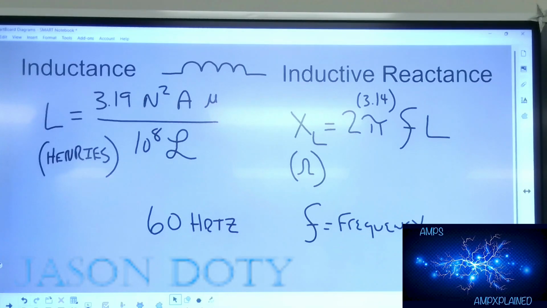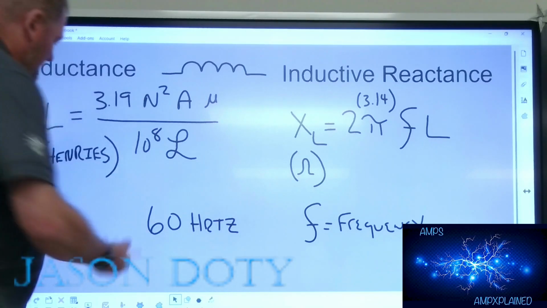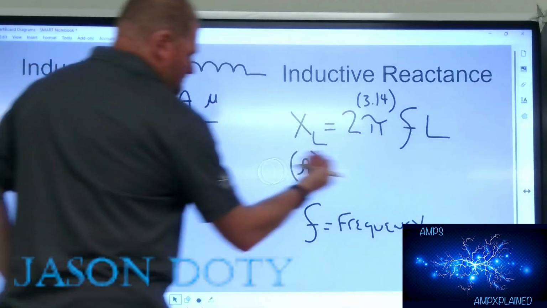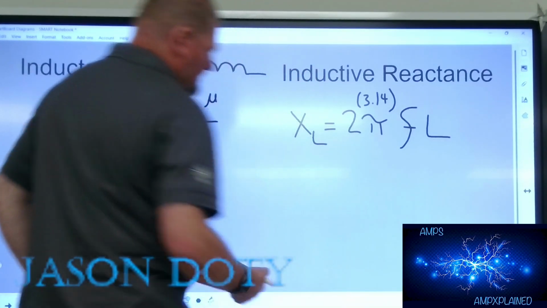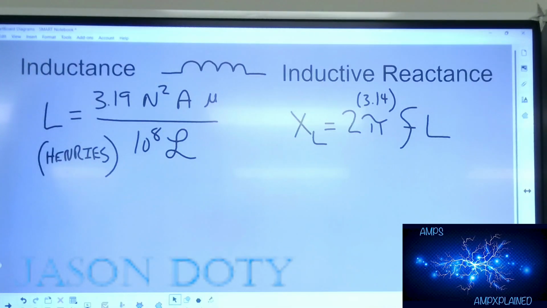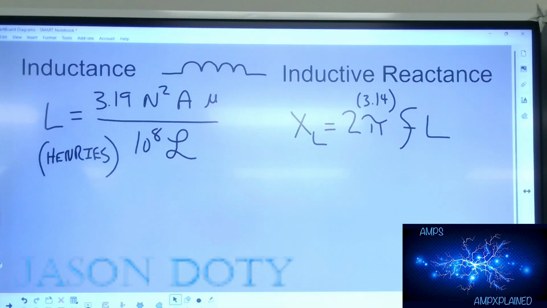So now we have all the factors that go into both of our formulas. Again, just a short video to give you a little more understanding of what the variables are in these equations and how we're going to apply them. Let's jump into the inductive reactance formula, because as an electrician, that's the one I really care about.